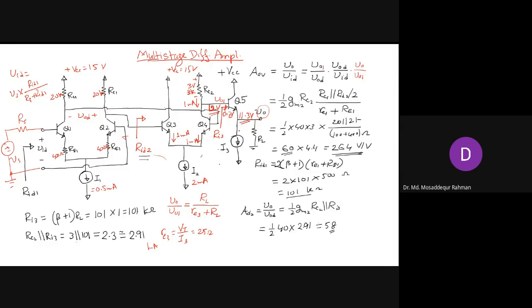But in integrated circuits, capacitors are not used. Every attempt is made to avoid the use of capacitors because capacitors are bulky, they are big in size, and they can take lots of space.